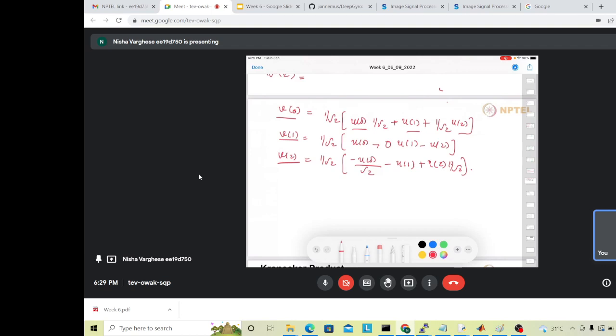Then you can write V as a matrix A into U, right? Then what would be A? These coefficients.